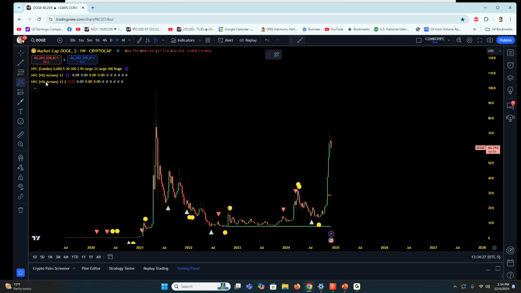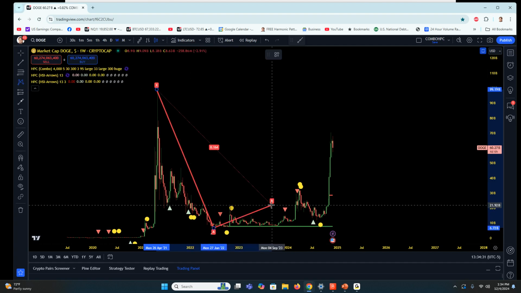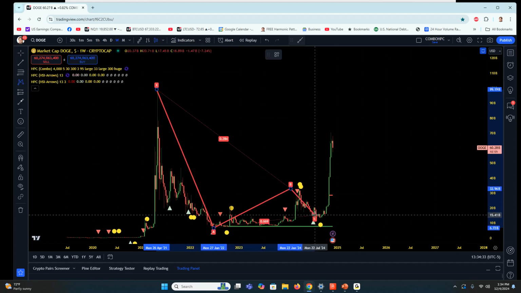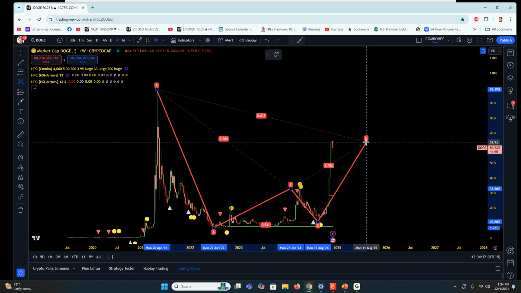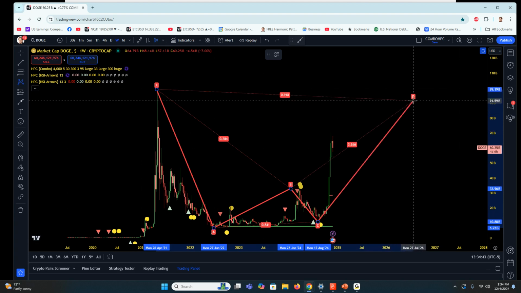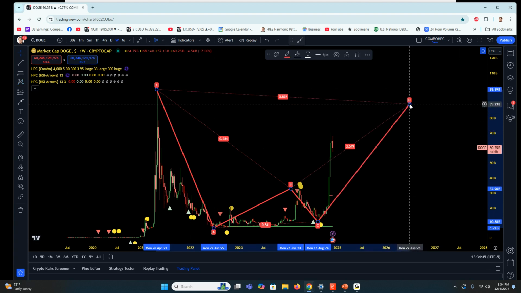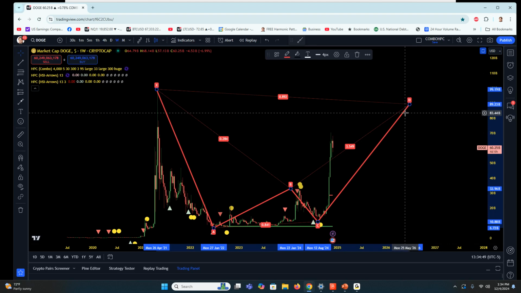I think Doge can get close to $1 on this run, but how much further can it go within this allotted time? There's the 618, roughly around 42 cents. 886 would be like 65 cents. About 90 billion. But a pause for now.